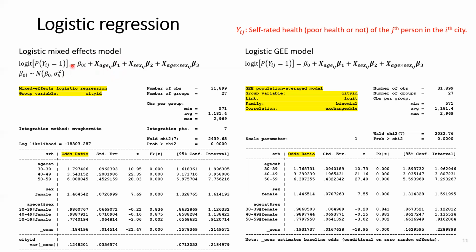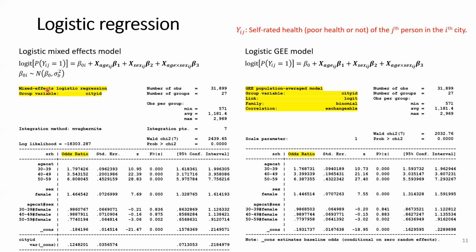And for this random intercept, we assume that it follows a normal distribution with global mean, which is beta naught, with certain variance. We are not going into much detail about these numbers, but we just want to make sure that we fit the right model.